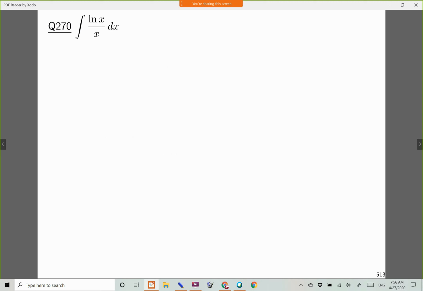Okay, so now that we've done some substitutions, I'd like to try these two problems on the same slide and compare some funky things that sometimes happen. So this one will be done by substitution. I'd like to use u is equal to ln of x.